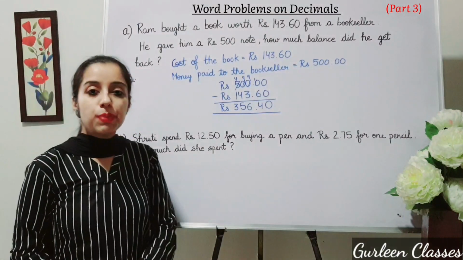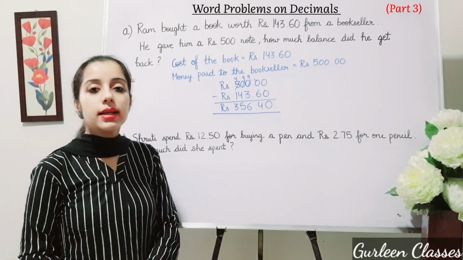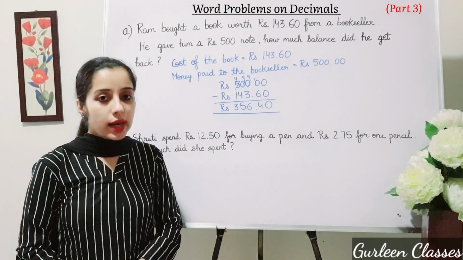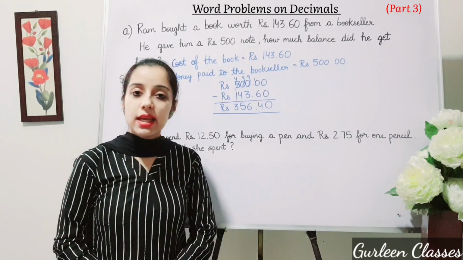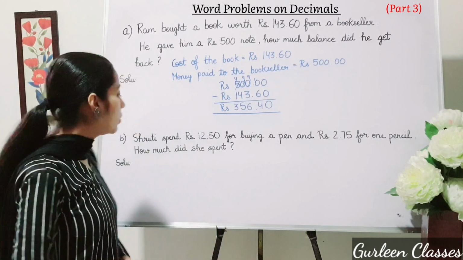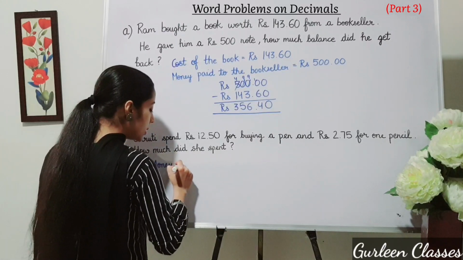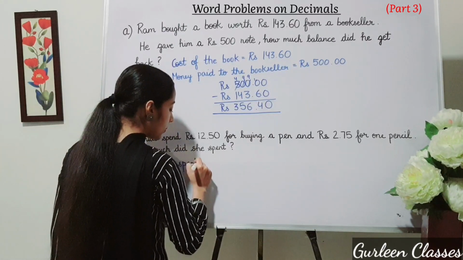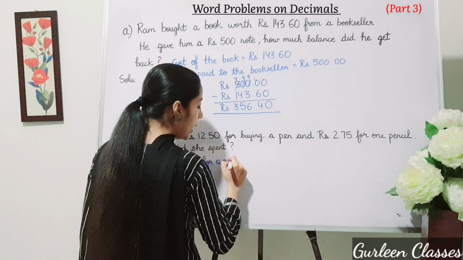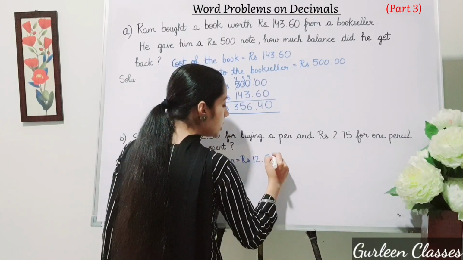B part. Shruti spent rupees 12.50 for buying a pen and rupees 2.75 for one pencil. How much did she spend? So what is the money spent for the pen? It is rupees 12.50, and money spent for one pencil, rupees 2.75, and the total money we have to find out, we will add. So let us write here: money spent for a pen is equal to rupees 12.50.